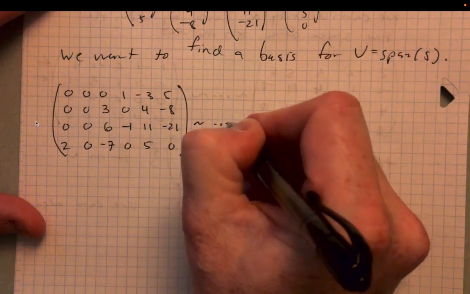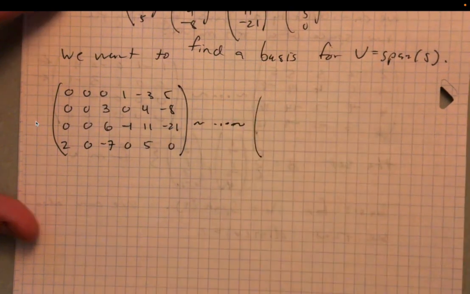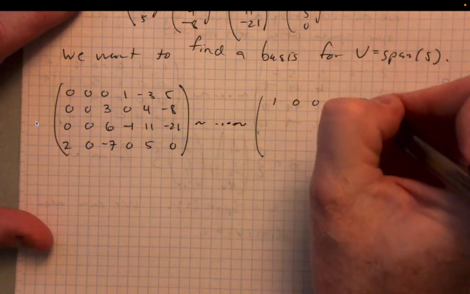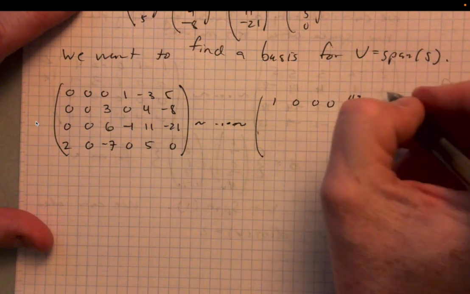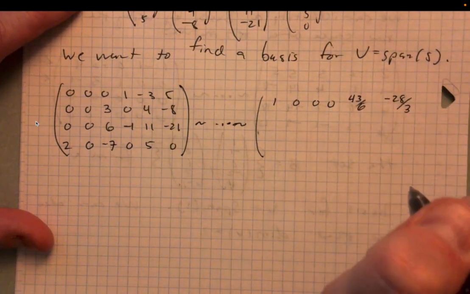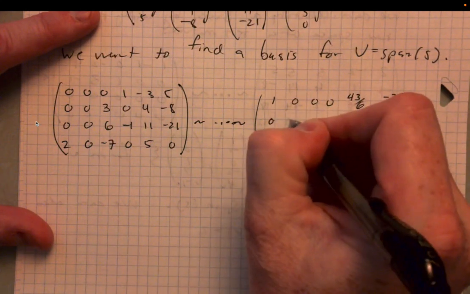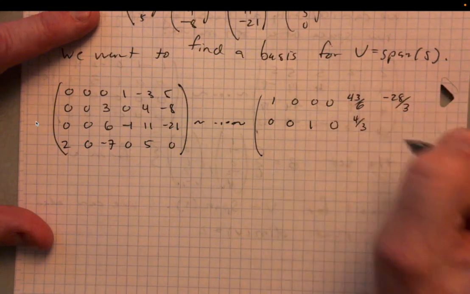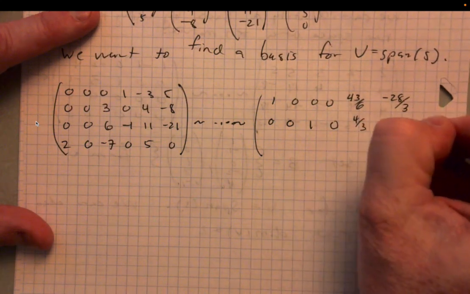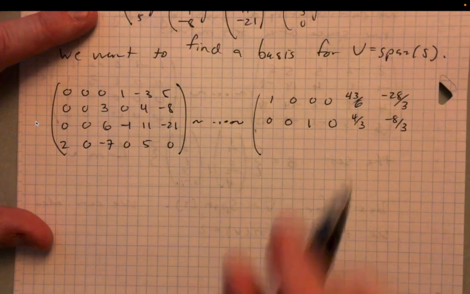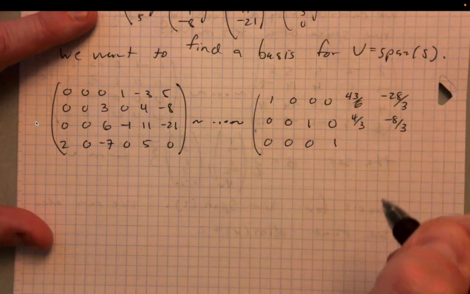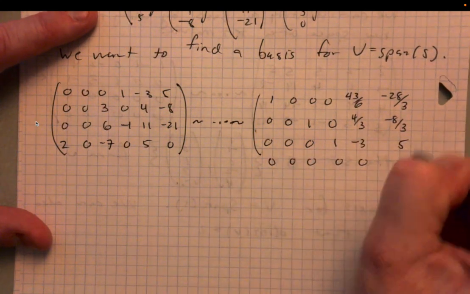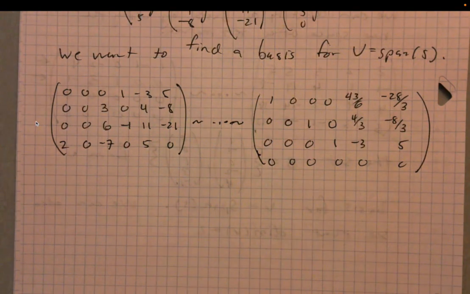We can row reduce, so again, pause the video, make sure you know how to do the row reduction. I'm skipping over it, but you'd get 1, 0, 0, 0, and then 43 over 6, and negative 28 over 3, and then 0, 0, 1, 0, 4 thirds, and negative 8 thirds, and then 0, 0, 0, 1, negative 3, and 5, and then the last row does drop out, and you get all zeros.